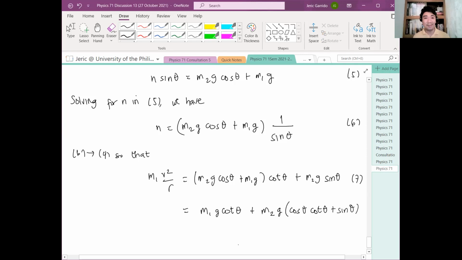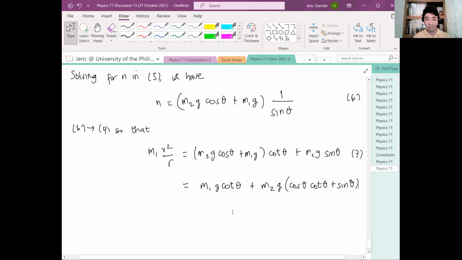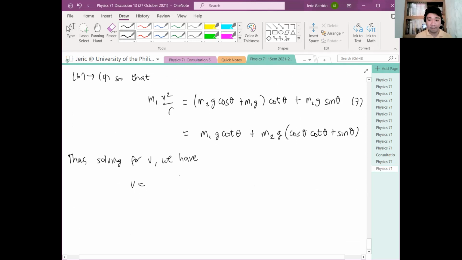Cosine theta cotangent theta plus sine theta. And thus, solving for v, therefore, v is just equal to the square root of rg multiplied by cotangent theta plus m2 over m1.